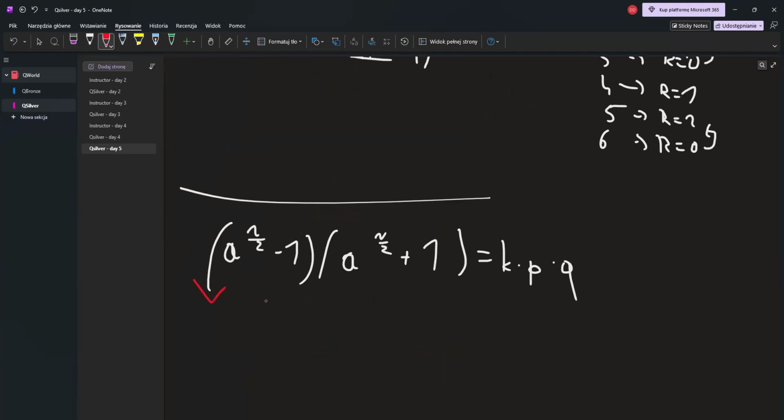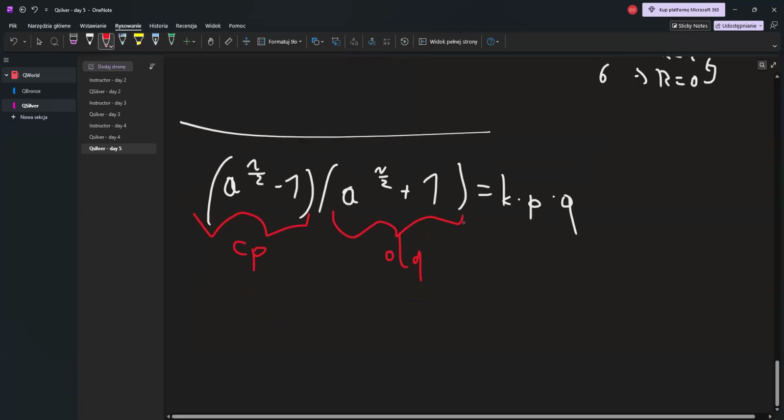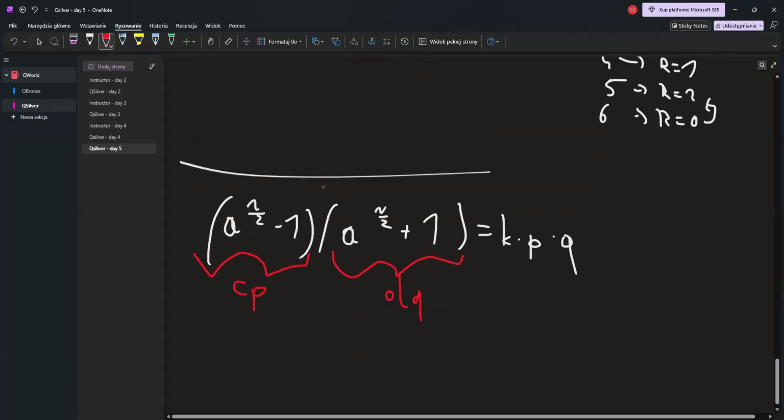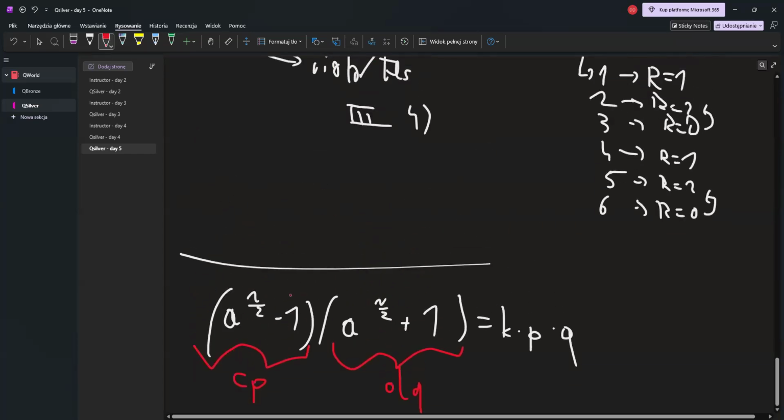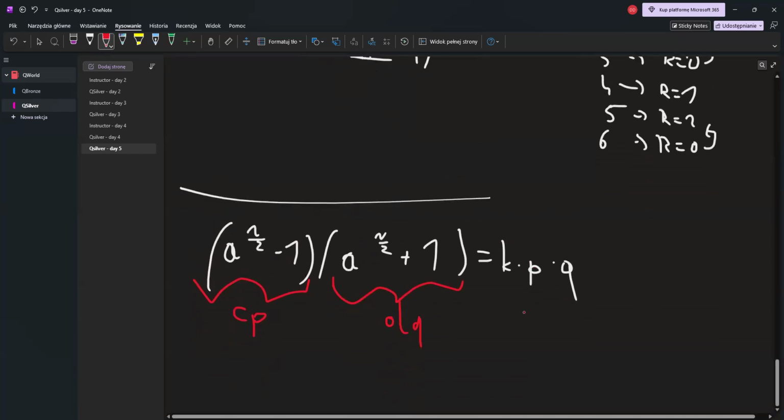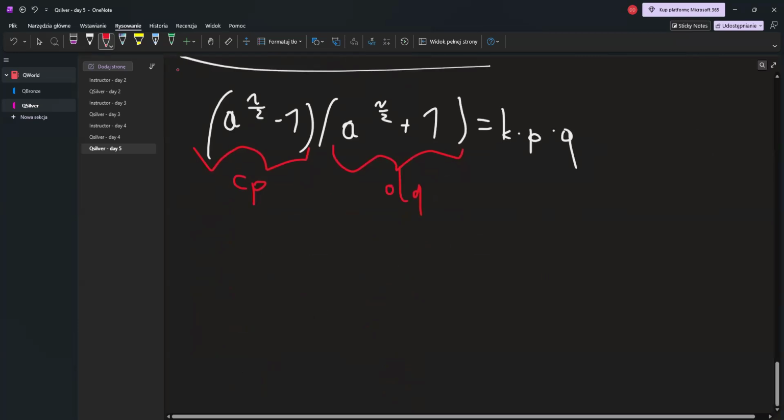And here we have c p and dq. Okay, that means that those numbers in parentheses both share a non-trivial factor with n. And by saying non-trivial, I mean greater than 1.